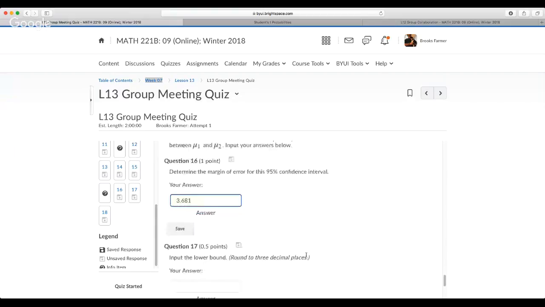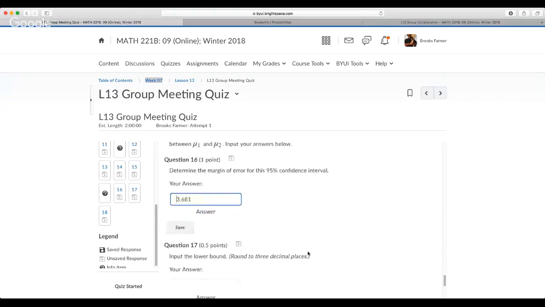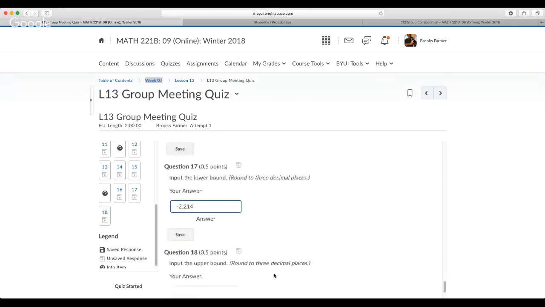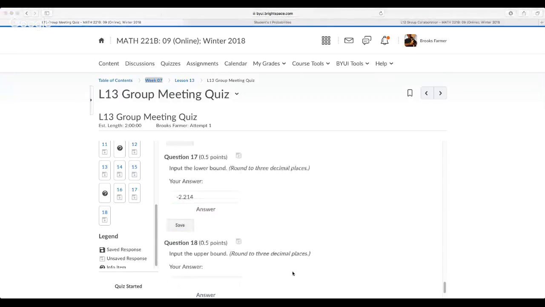It's just throwing us off because it was saying 1 minus 2, but that's kind of irrelevant, I think. It's one of those things they throw in to confuse you. Dang statisticians. So the next one: lower is negative 2.214, and upper is 5.147.